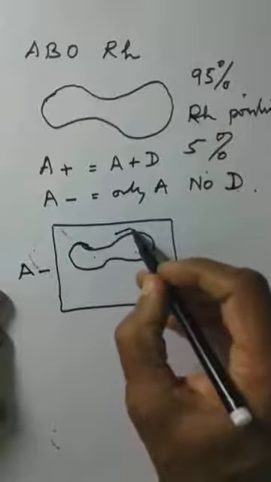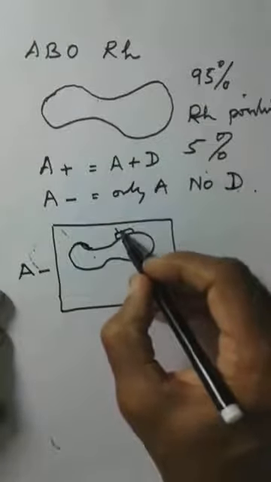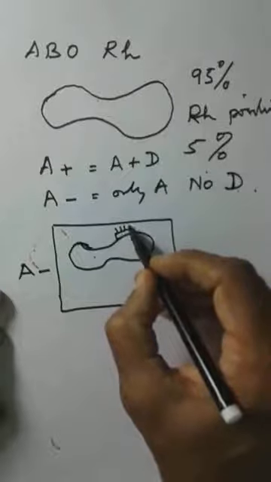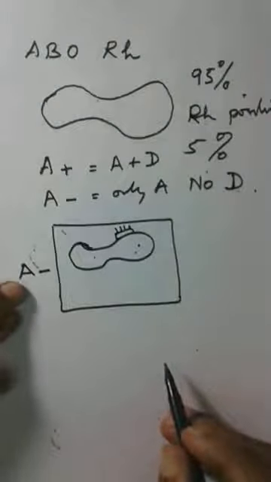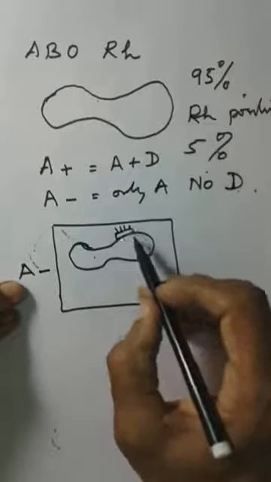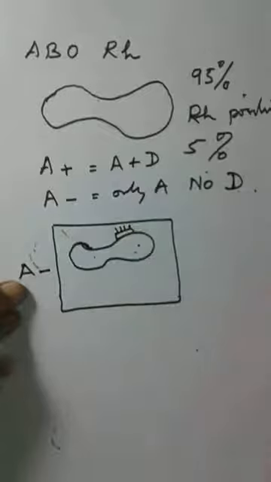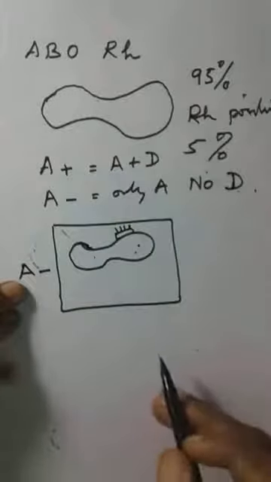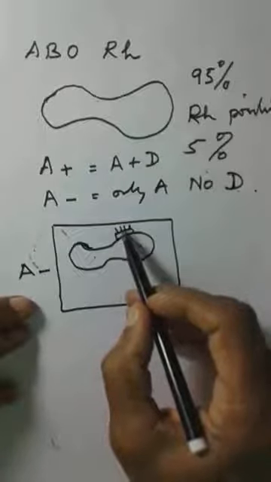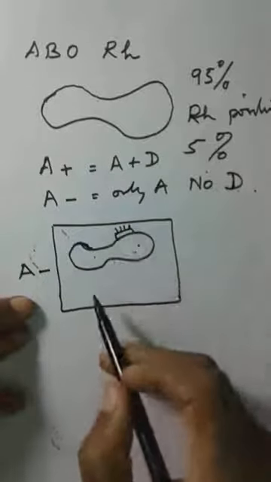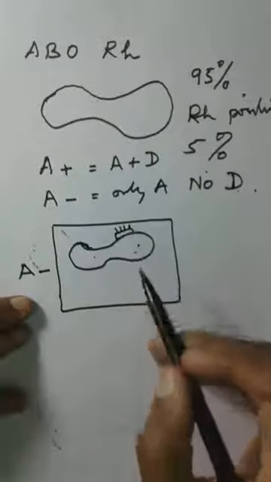Suppose this is the D antigen. 1, 2, 3, 4 epitopes. On these epitopes, the antibody will come and bind. These are antigen binding sites, we can say. In D antigen, normally there are 4.